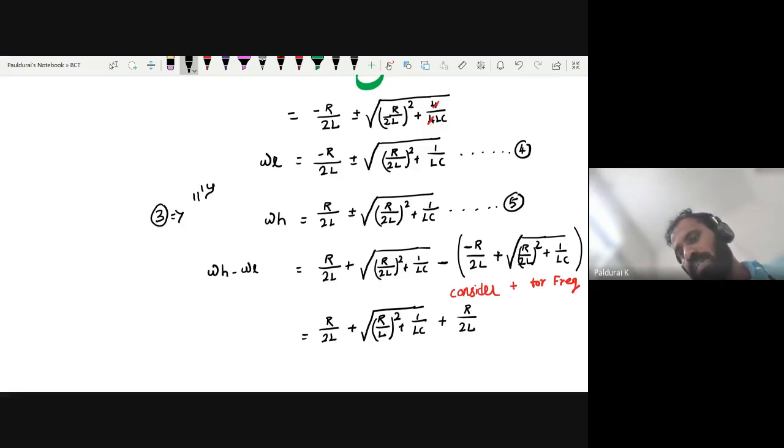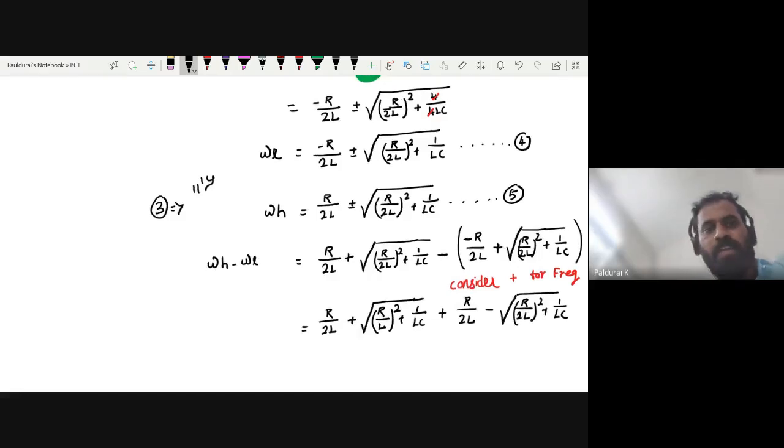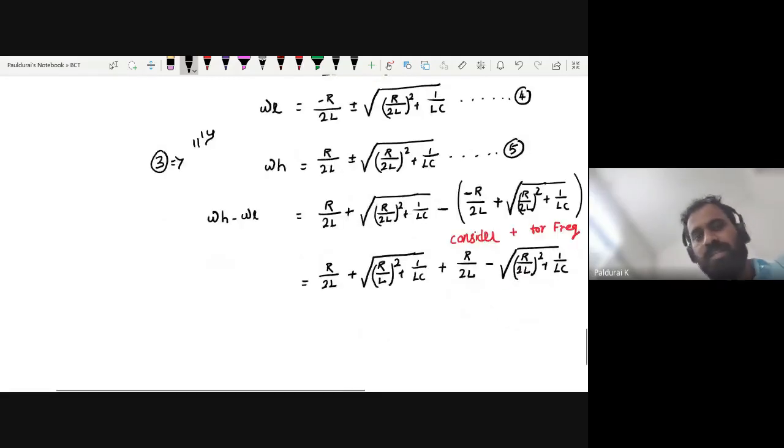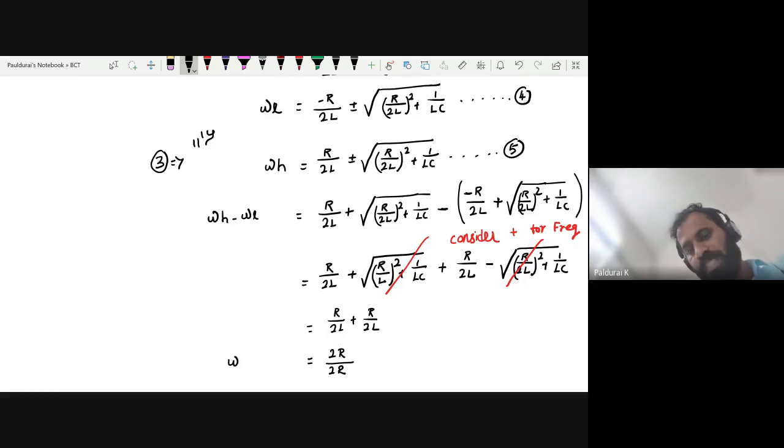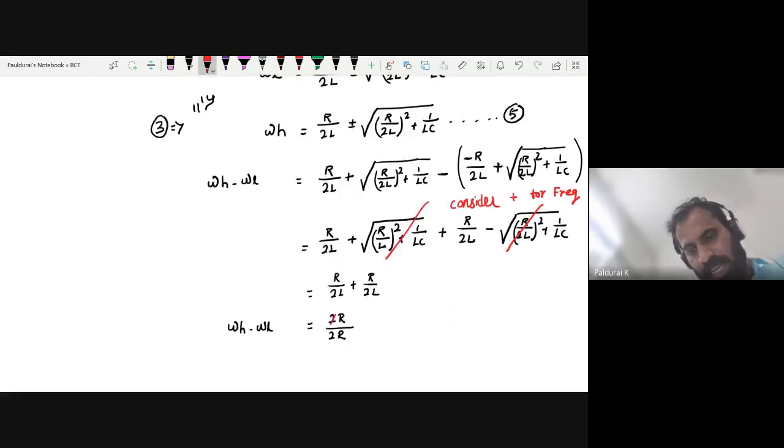This minus and this plus becomes minus square root of R divided by 2L the whole square plus 1 by LC. Now what will happen? This plus, this is minus. So simply you will end up with R divided by 2L, again R divided by 2L. It becomes 2R divided by 2L. This is my omega H minus omega L. So the 2 gets cancelled. This is R by L, right?